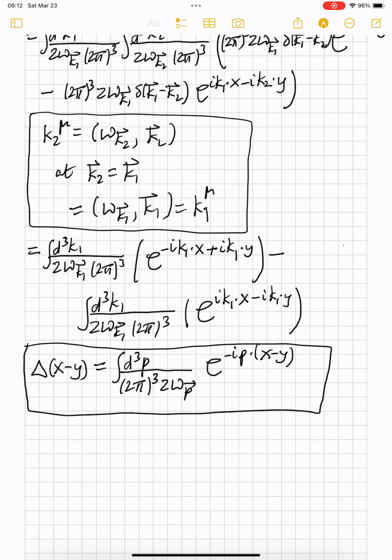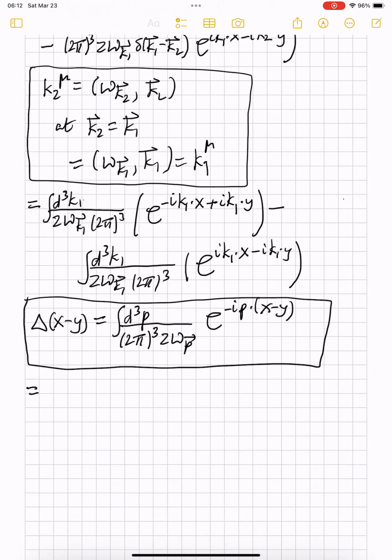And now take a look at my commutator. The first term I can identify with a delta. It doesn't matter what we call the integration variable, so the integral d3k1 could very easily be an integral d3p. So the first term here will be a delta of what? We've got minus i k1 dot x minus y, so we will indeed have a delta of x minus y.